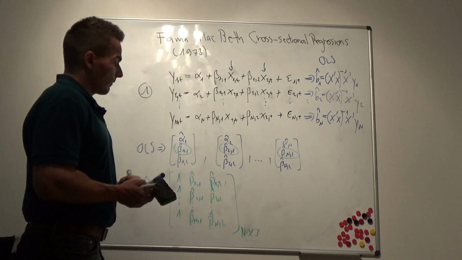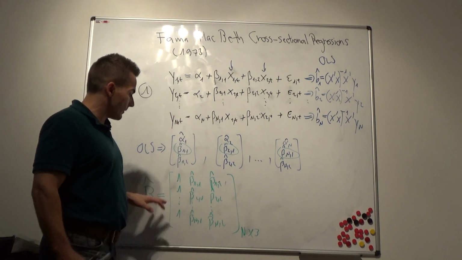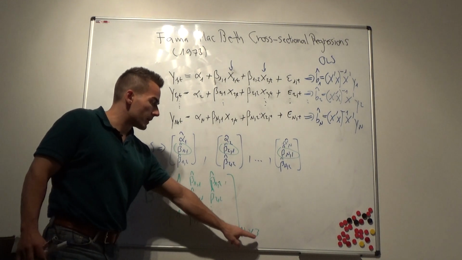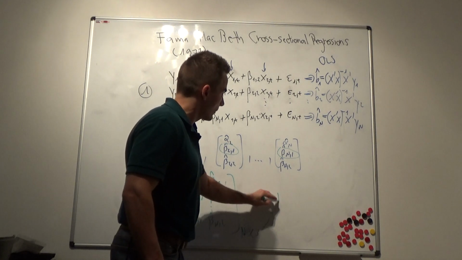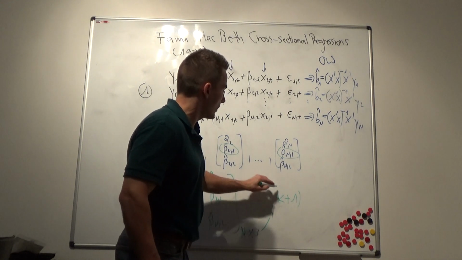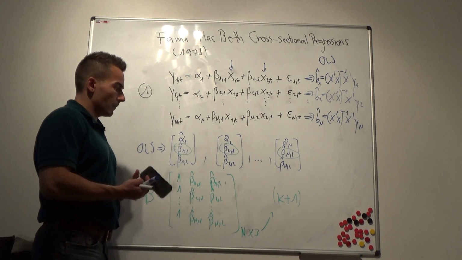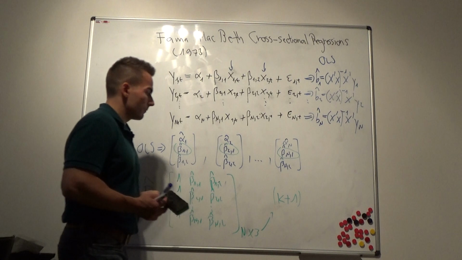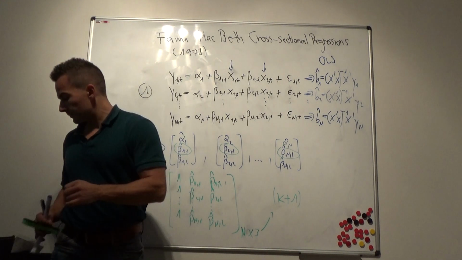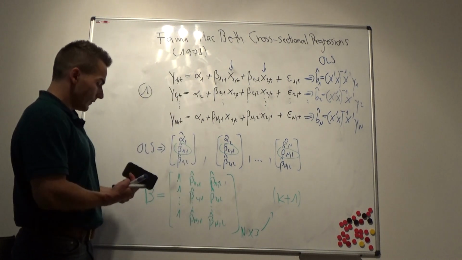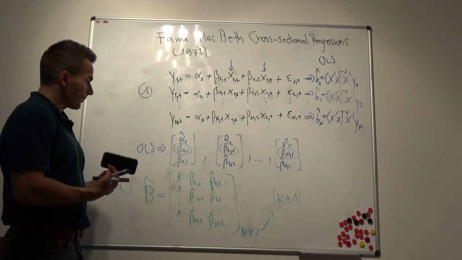Depending on the risk factors, if we have k risk factors, this matrix has the dimension n by k plus 1, because we always add a column vector of 1s. So that's the first step. Or actually, that is the second step, defining our beta hat matrix.